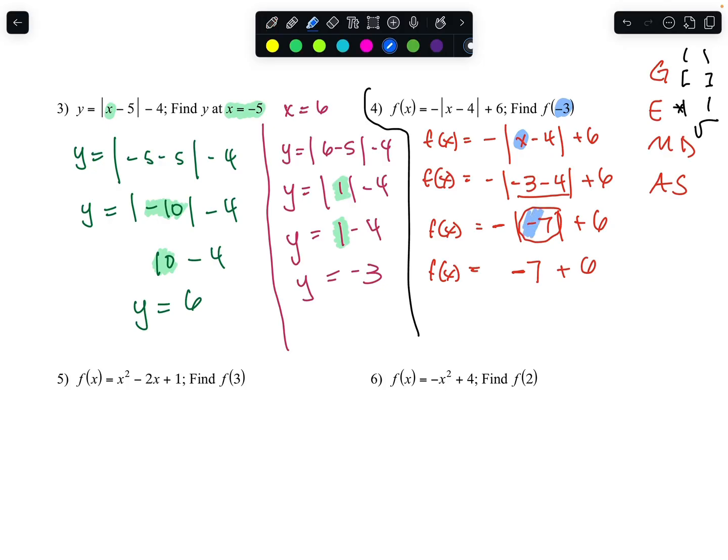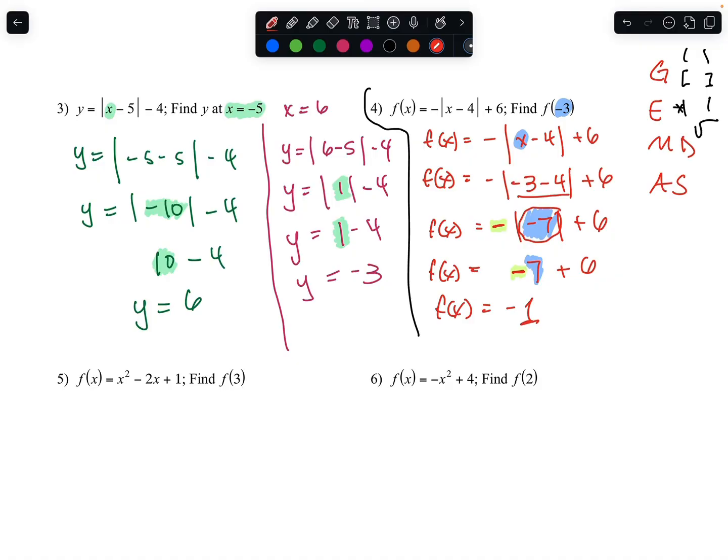This absolute value part made this positive 7. But because this negative sign was on the outside, it came along for the ride afterwards. Okay? So my final answer, negative 7 plus 6, is going to be negative 1. Okay? So anytime there's a negative on the outside, you handle that one last. You attach that negative at the very end.